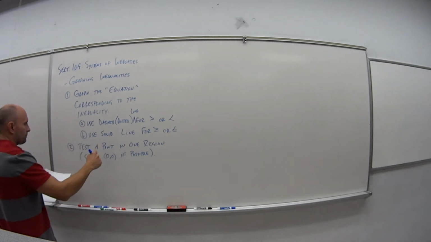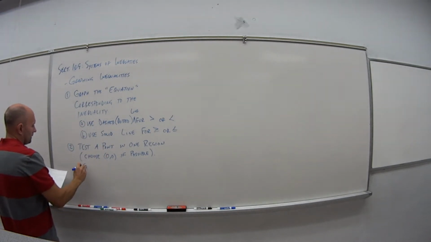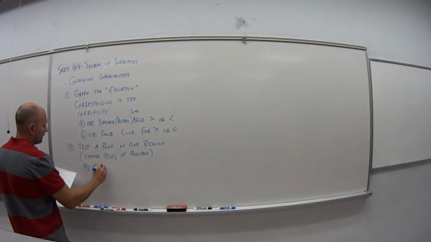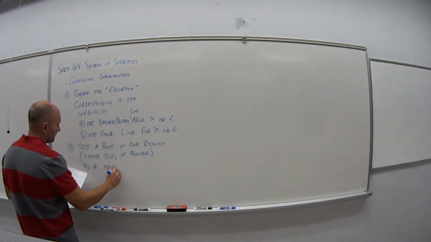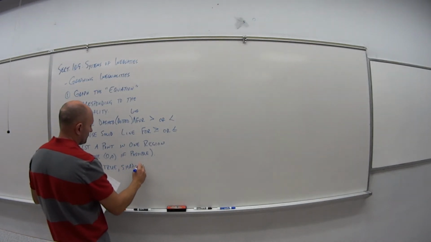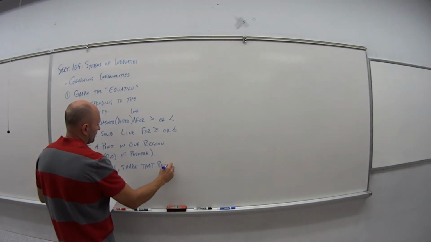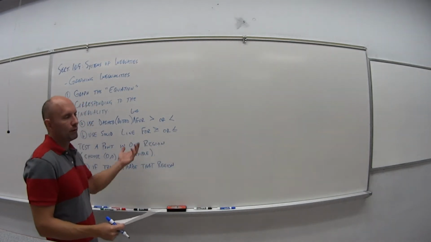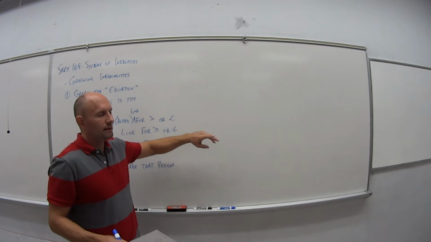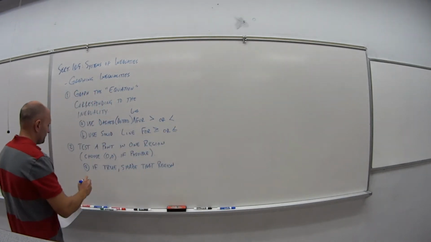So if we plug that point in, simplify the equation, if true, then we shade that region. So if I have a circle and I pick 0, 0 and I put it into my inequality and it's true, then I shade the inside of the circle.